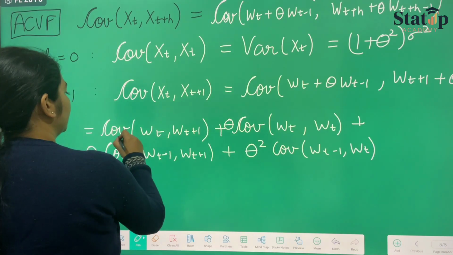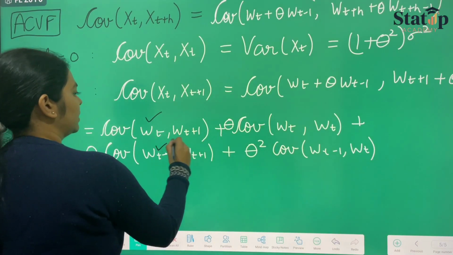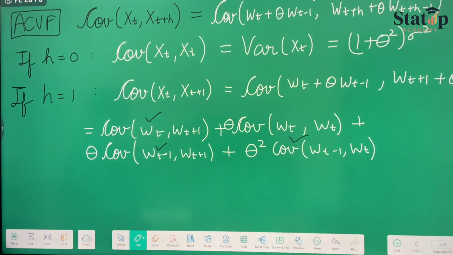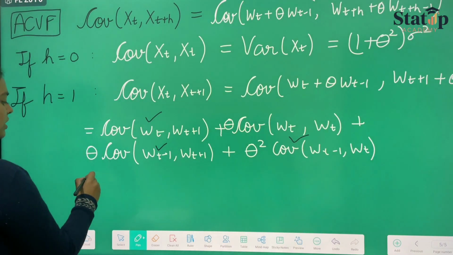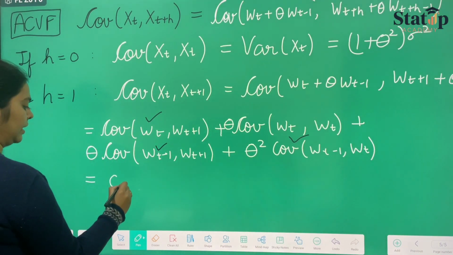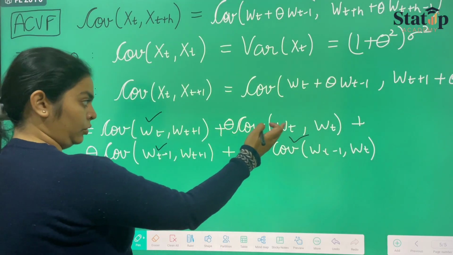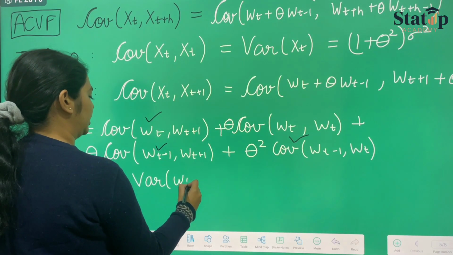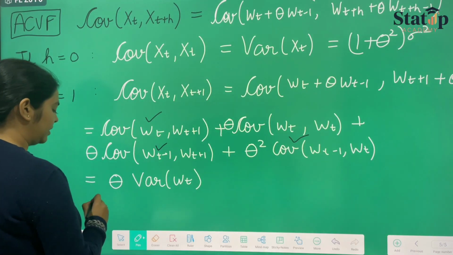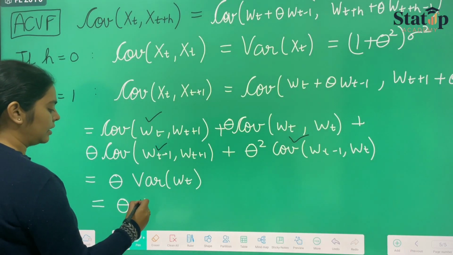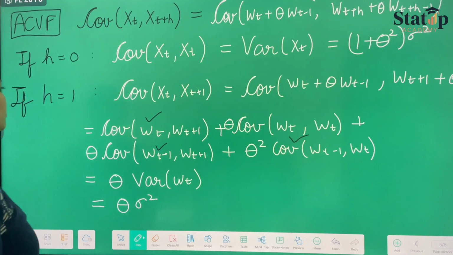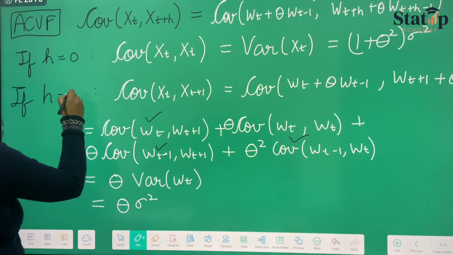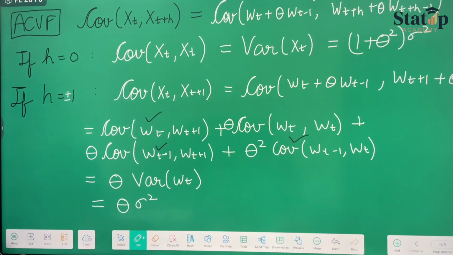So in this and this, there is no covariance between the two values, so all of these will be 0 and we are only left with theta into covariance between wt and wt, which is variance of wt, and variance of wt we all know is sigma square. So for h equals to 1 it is this, and for h equals to minus 1 it is also this. So h equals to plus minus 1 is this.